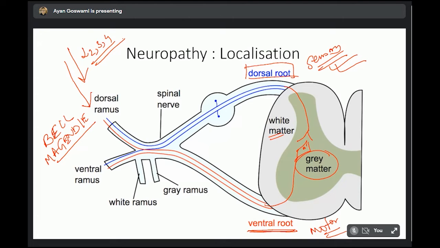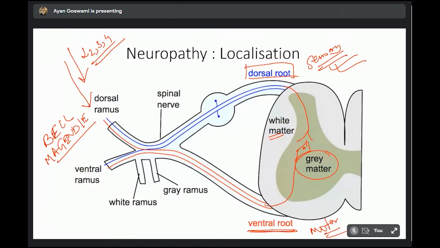So what to memorize from this area is that in the spinal cord, the dorsal root is sensory, through which the sensory nerve enters into the spinal cord, and the ventral root is motor, and from the ventral root your motor nerve emerges.